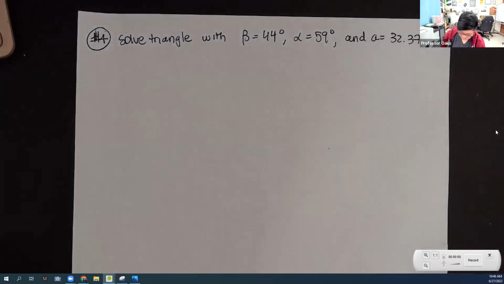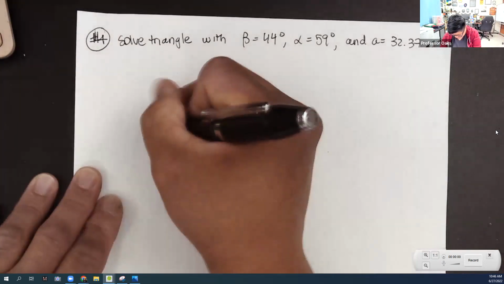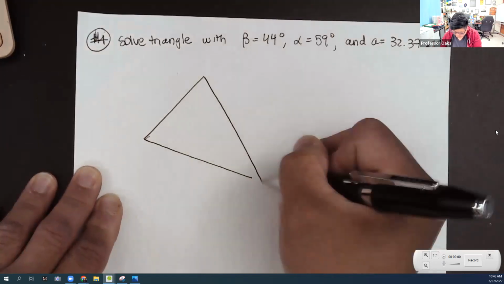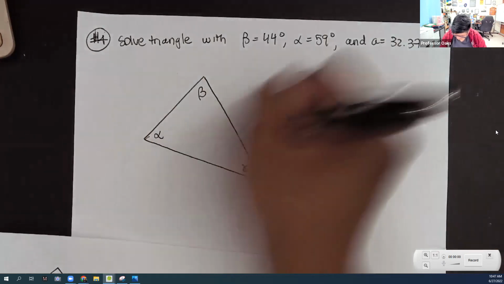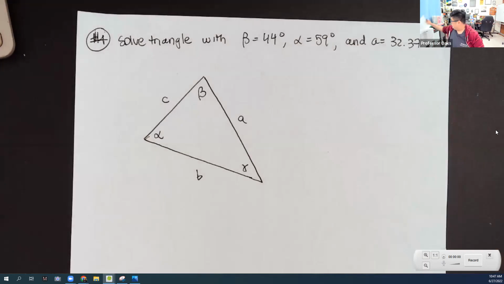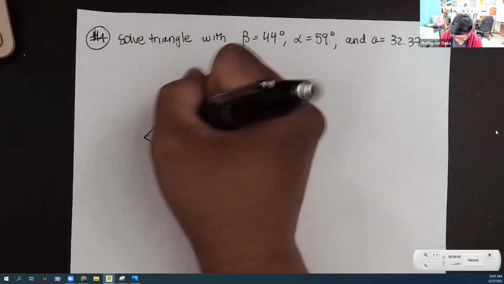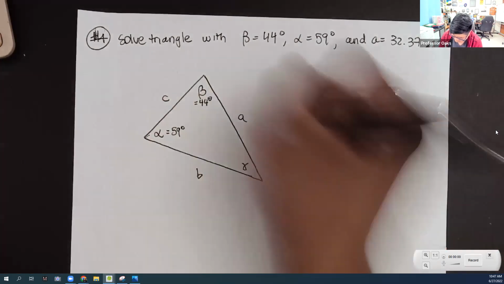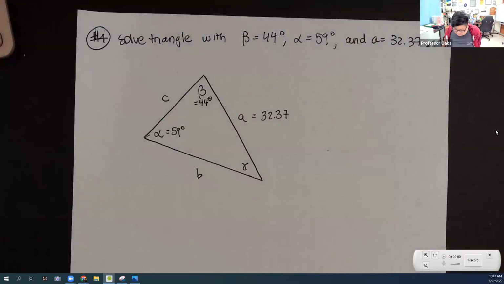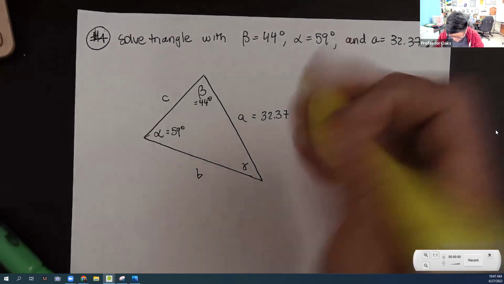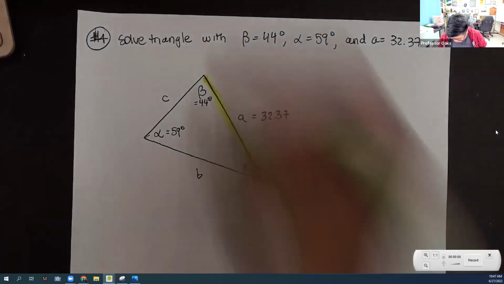If I draw a triangle just like before, and again, I don't know what it looks like in advance, so I'm just going to draw one for the sake of labeling alpha, beta, gamma, A, B, C. Beta is 44 degrees, alpha is 59 degrees, and A is 32.37. So in this particular problem, I have a side that's known, and two angles that are known.